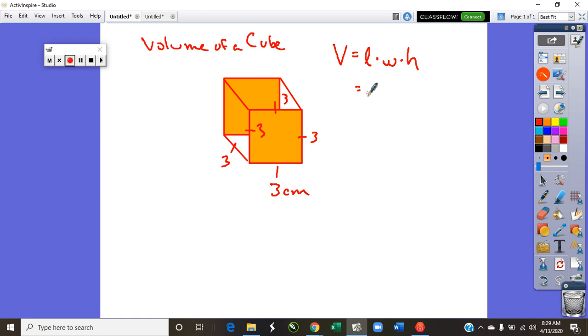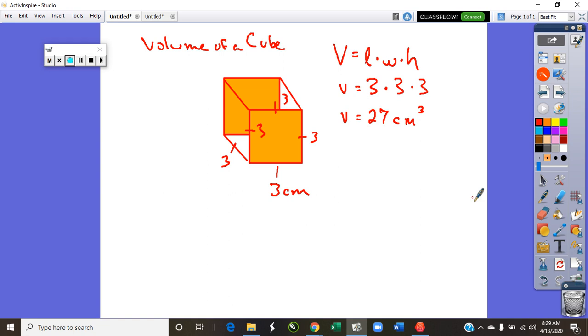Think back to when we did the commutative property: 5 times 2 is the same as 2 times 5. It doesn't matter what order you multiply numbers in. So I can say that my length is 3, my width is 3, and my height is 3, and they're all 3 because this is a cube. When I multiply, 3 times 3 is 9, times 3 is 27 centimeters cubed. Pretty simple.